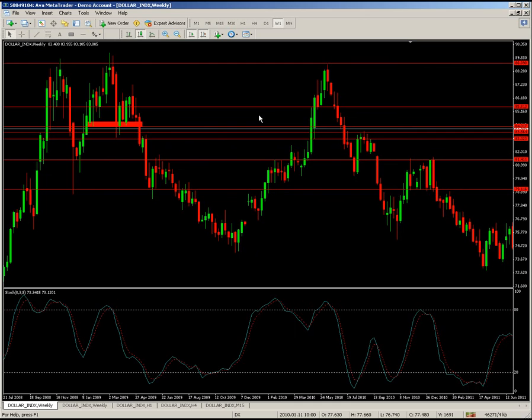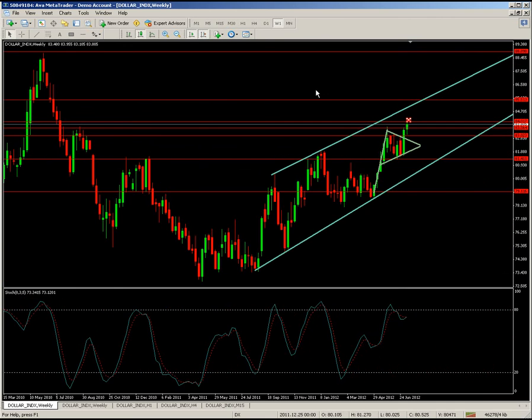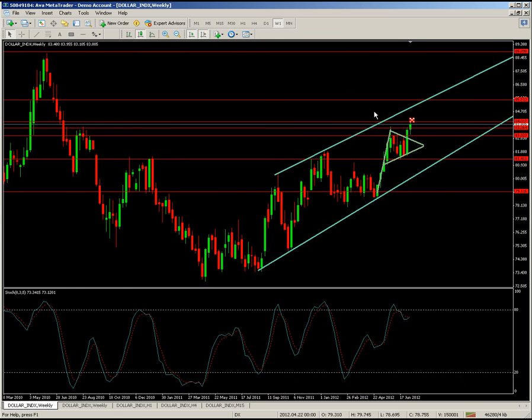Now if we go further back, we can see that a couple of times it has held as support. So this is 1, 2, 3, 4, about 5, 6 weeks or so.